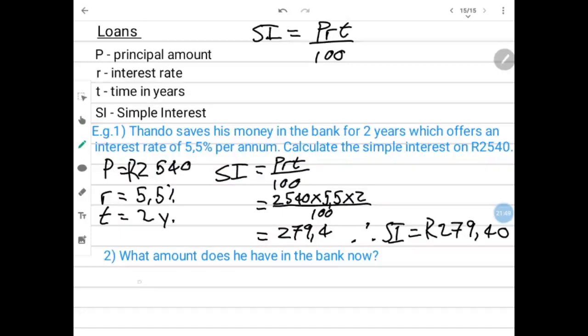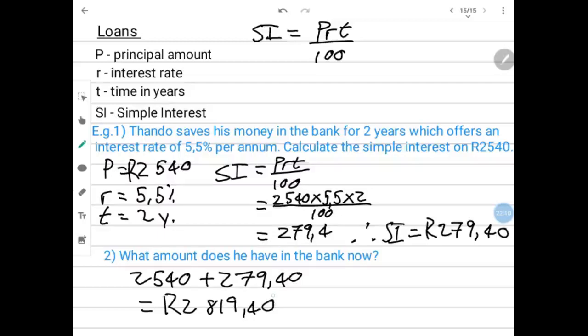Let's write it down: 2,540, and we add 279 Rand 40. You can type it in your calculator. We get 2,819 Rand 40. That's the new amount that he has in the bank now.